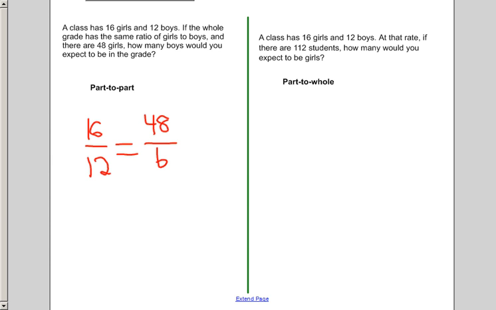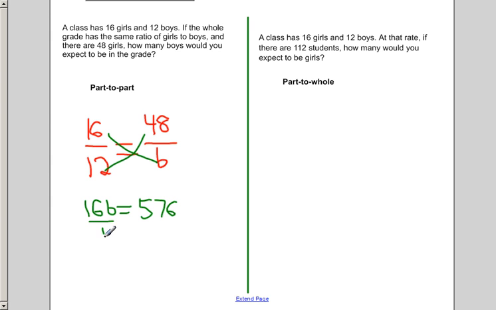So now again we cross multiply. 16b equals 12 times 48, which I thought I did the math here ahead of time. 576. There we go.